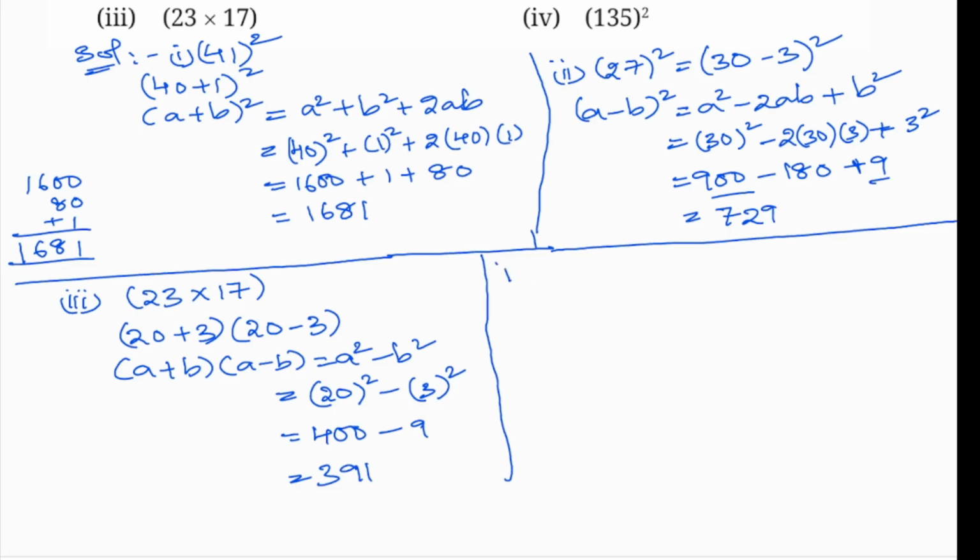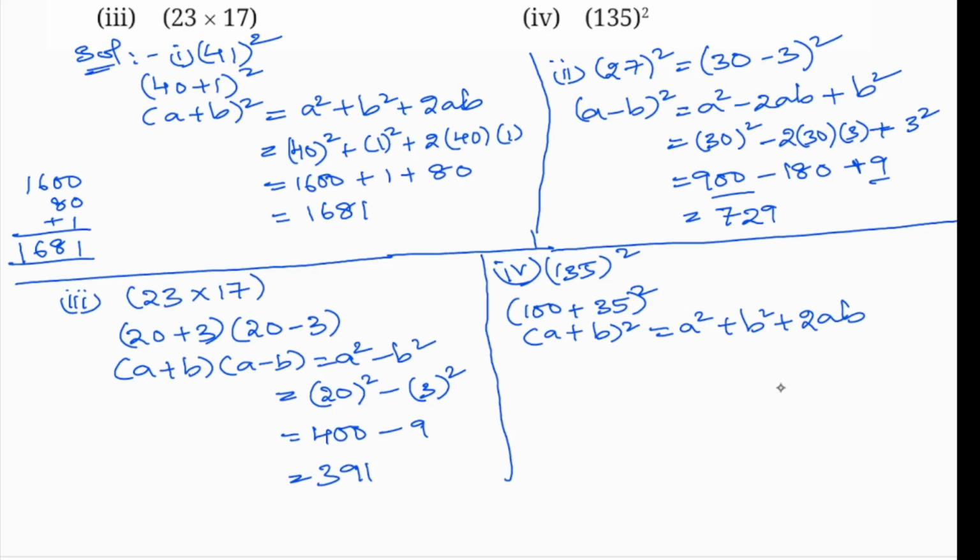Now let us solve the fourth bit. The fourth bit is 135 whole square. What we can do, we can separate this as (100 plus 35) whole square. It is in the form (a plus b) whole square, which is equal to a square plus b square plus 2ab, or you can write a square plus 2ab plus b square.